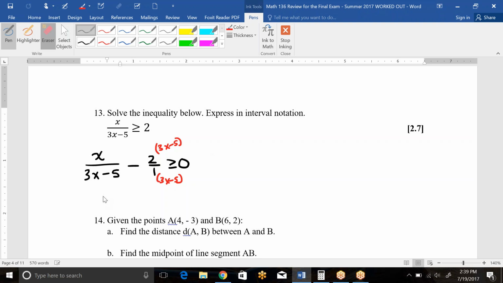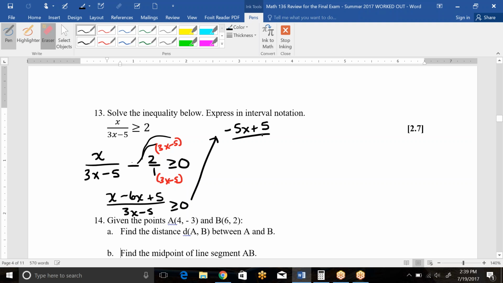So this is going to be x on top, and then we need to distribute this negative with the 2. So negative 6x and positive 5 all over 3x minus 5 greater than or equal to 0. Clean up the top, that would be negative 5x plus 5 over 3x minus 5 greater than or equal to 0.